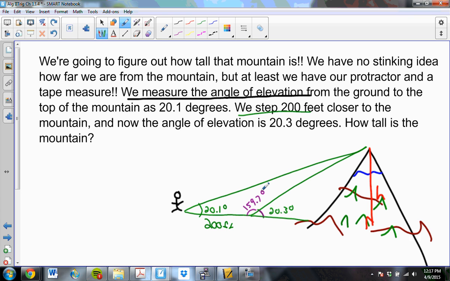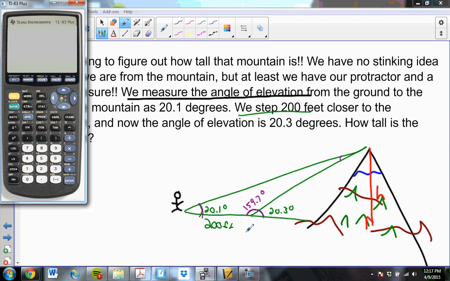And then I can take this angle and find this angle. That little tiny twist of an angle right in there, I'll have to do some calculating. It's probably like 0.2 or something. In fact, I think it is 0.2. 180 minus 159.7 minus 20.1 is 0.2. So this little angle in here is 0.2 degrees.